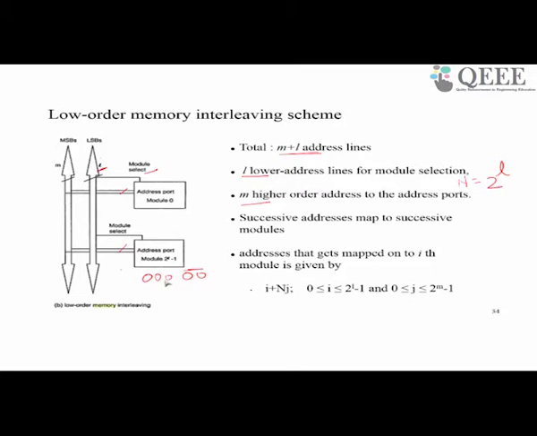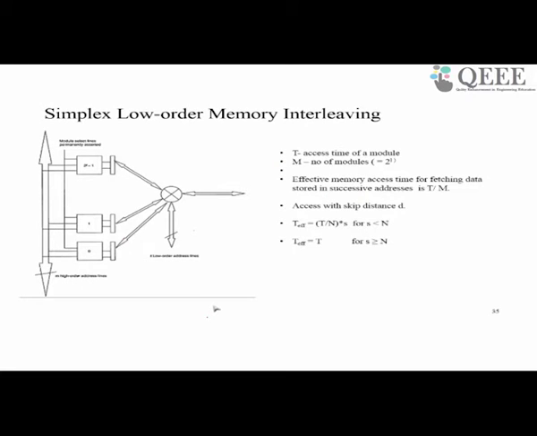So let's say there are 5 lines in the address lines. So this will be L equal to 2 and this will be M, which is 3. Then the next addresses will be 0 1, 1 0, 1 1, and so on. Now again we will have 1 0 0 and then 1 0 1.